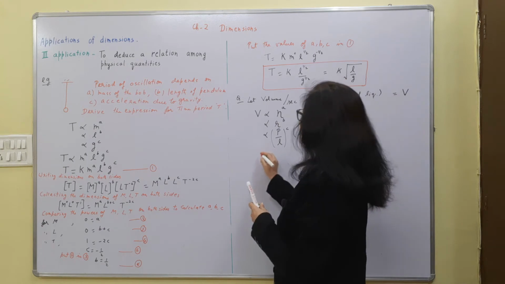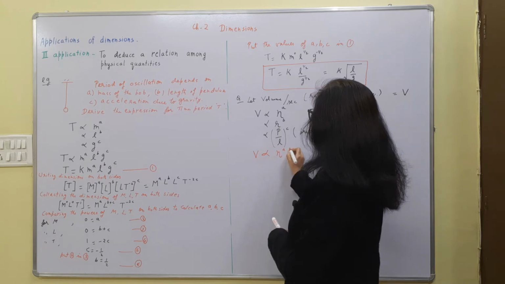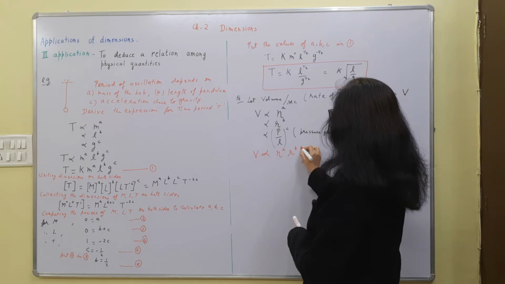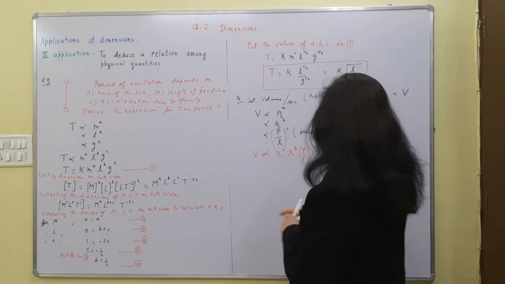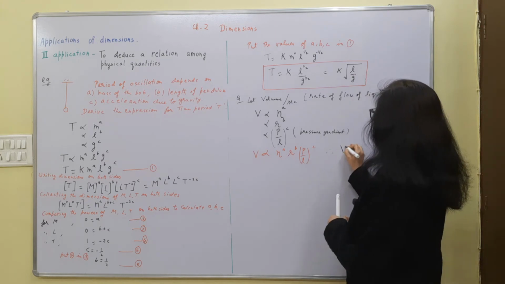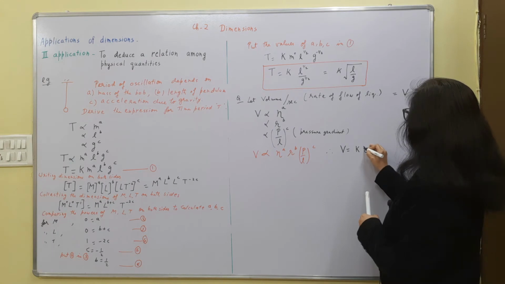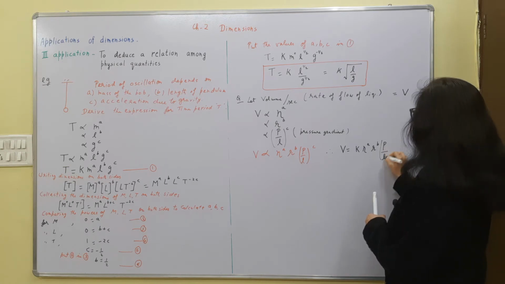We can combine these three and we can write an expression: eta to the power a, r to the power b, p upon l to the power c, right? And we can remove the proportionality sign to write it like this: k eta to the power a, r to the power b, p upon l to the power c.